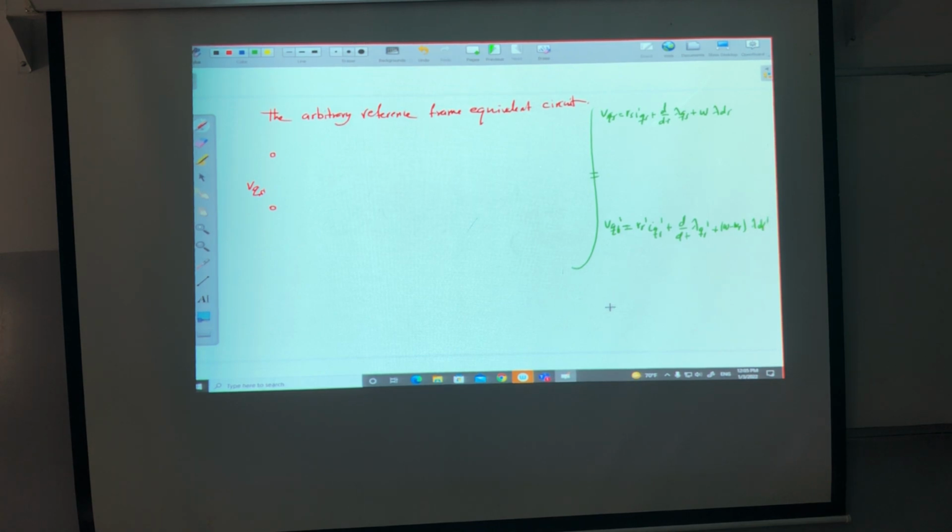And if we recall, lambda QS was equal to LS IQS plus M, IQS plus IQR dash. So simply I have a coupling between what? The Q of S and QR.